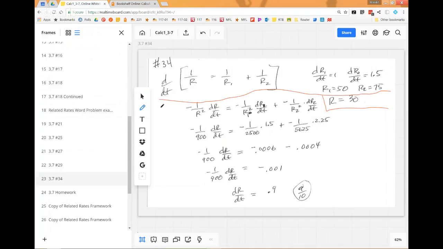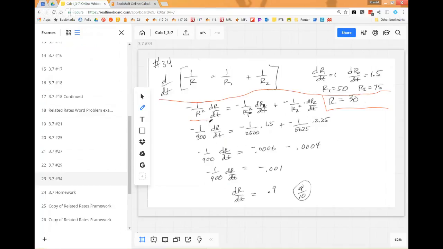Now we have to take the derivative of both sides. What's the derivative of 1 over R? I didn't show it, but you have to use the quotient rule: denominator times derivative of numerator, the derivative of the numerator is 0, minus numerator 1 times derivative of denominator 1. So negative 1 on the top over denominator squared. Does everybody see that?